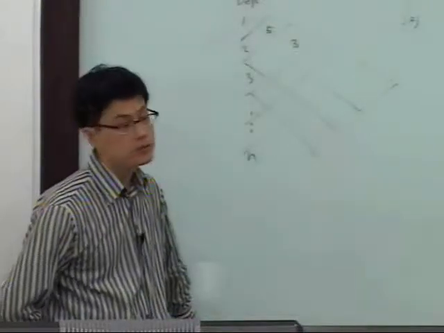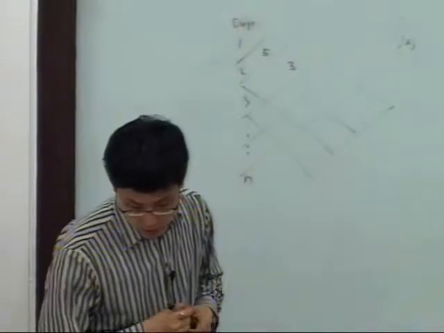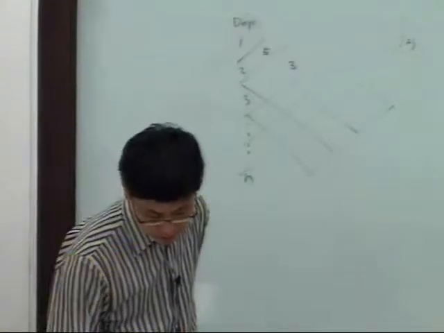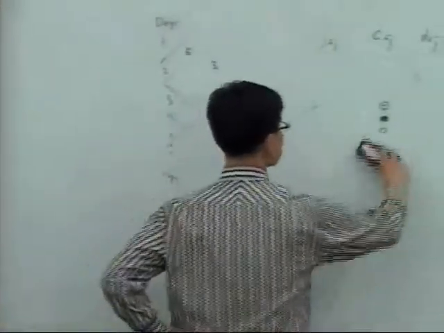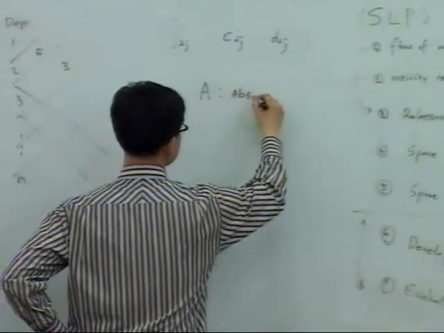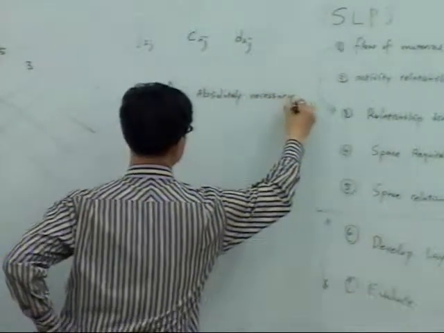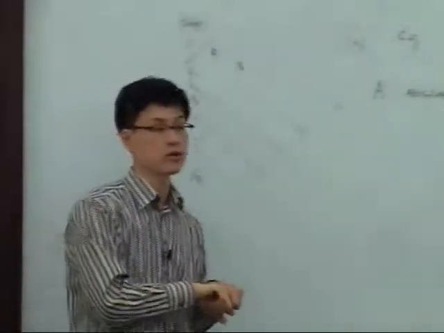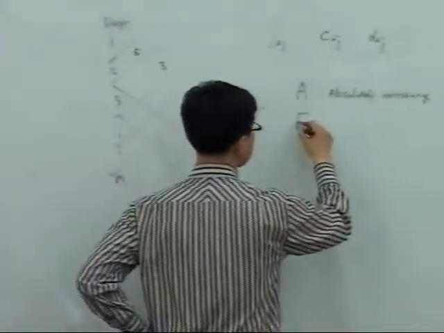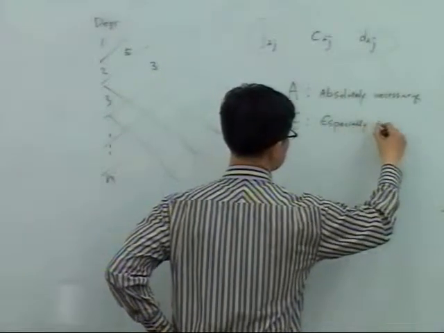In the affinity diagram, there are many scales, as I briefly mentioned, and as Professor Lee mentioned, but usually A means absolutely necessary. It has to be adjacent to each other. Absolutely necessary. The next scale is E, especially important.